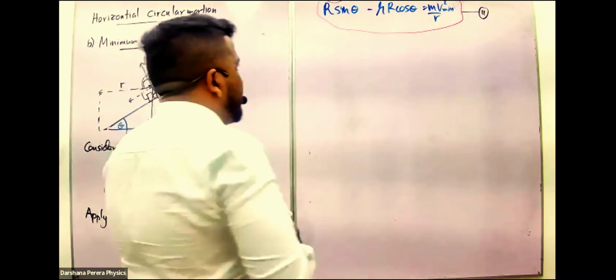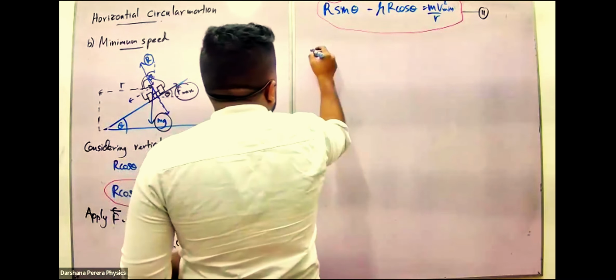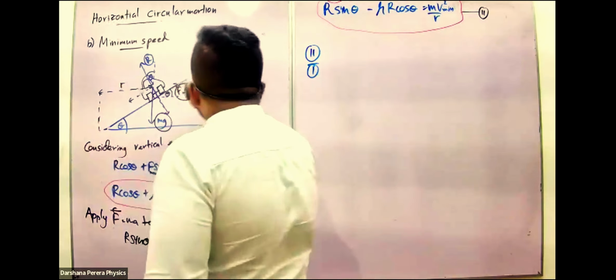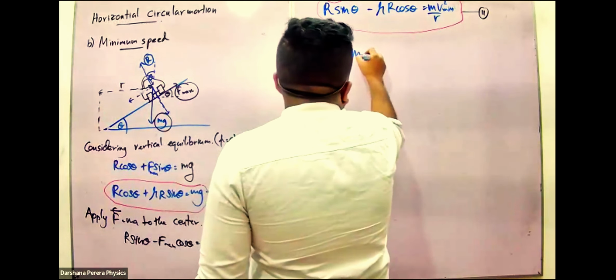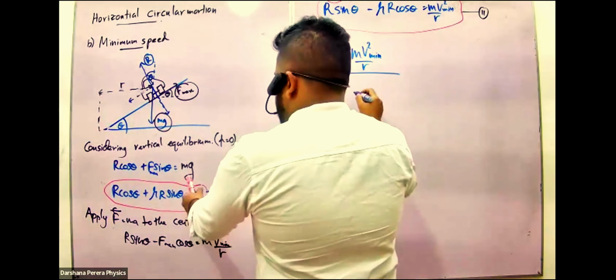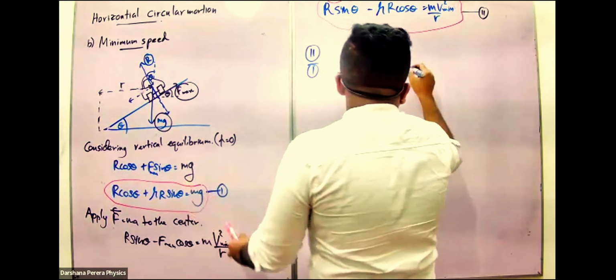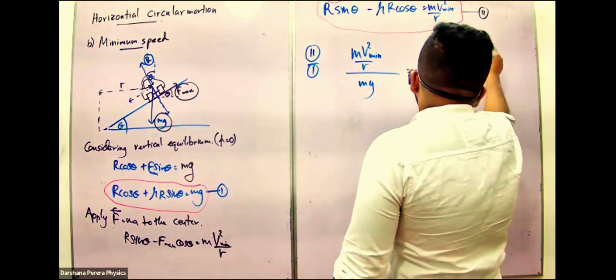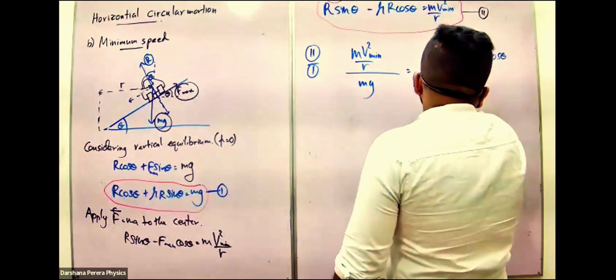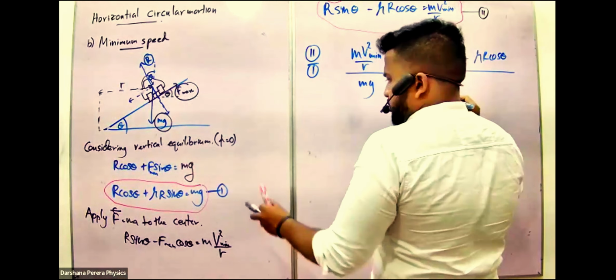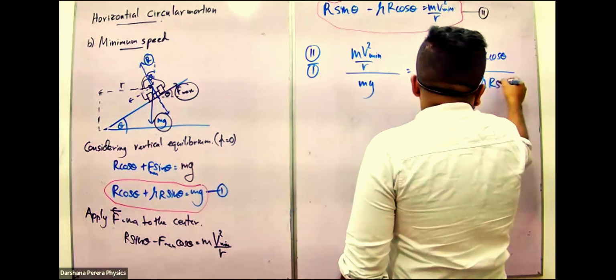I am dividing the second equation by the first equation: m v square min over R over mg equals (R sin theta minus mu R cos theta) over (R cos theta plus mu R sin theta).